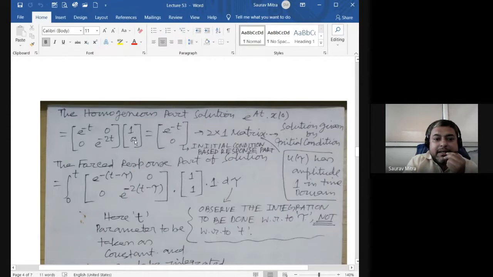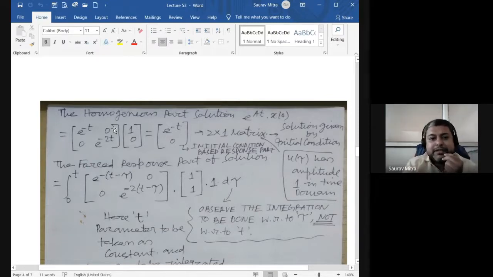And as the initial condition of the second state variable was 0, 0 is multiplied with 1 and 1 is multiplied with 0. So the second state variable does not have any initial response. It is guided only by the input. So this is the first part of the solution.